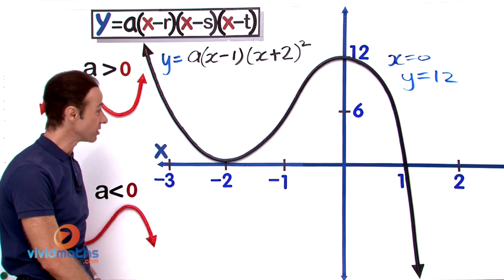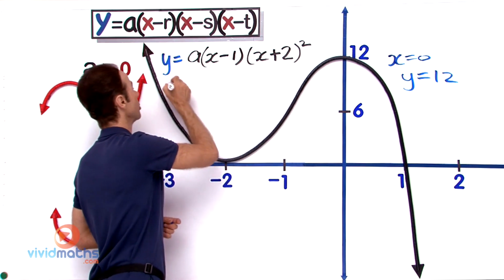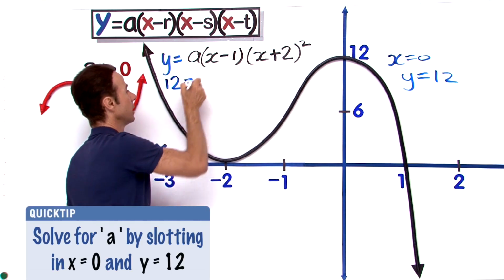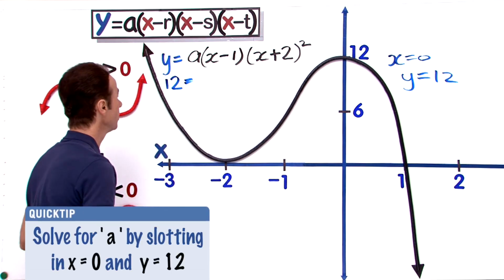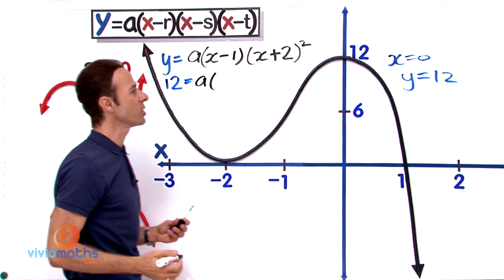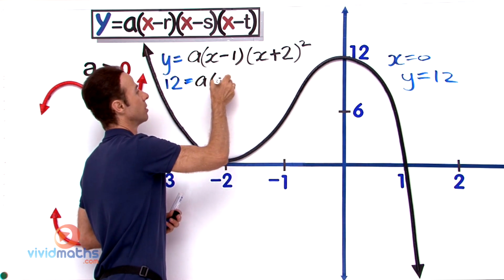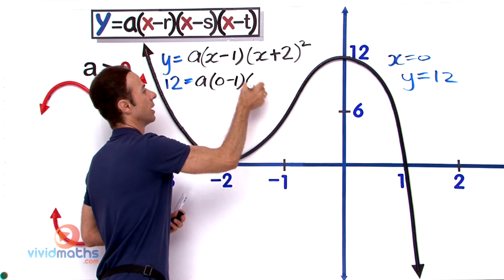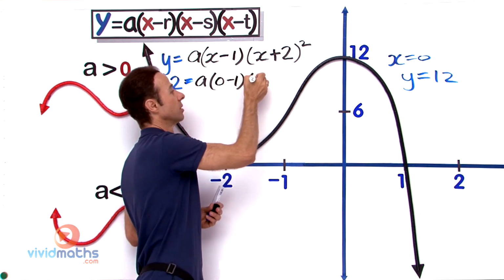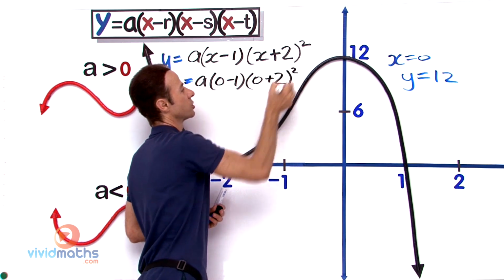So y is going to equal 12, so we put 12 here, equals the a value, and then we have x minus 1, and x is already 0, so it's 0 minus 1. And then again, x is 0 plus 2, all squared.